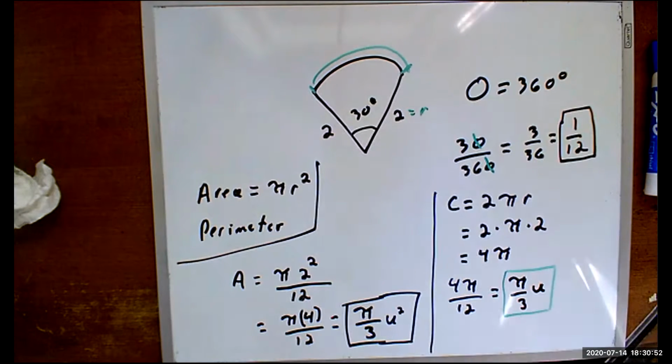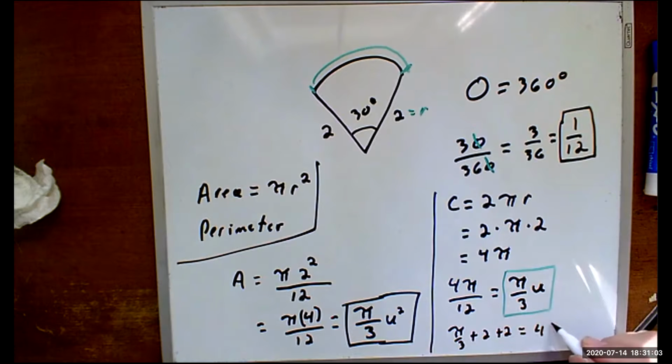So our final answer on the perimeter part is going to be our pi over 3 plus 2 plus 2, which is ultimately going to be 4 and pi over 3. Or if you want to be fancy, we can go with 13 pi over 3.